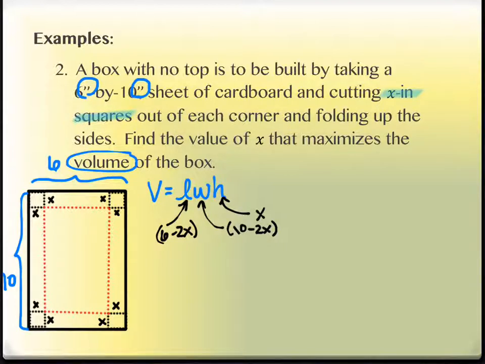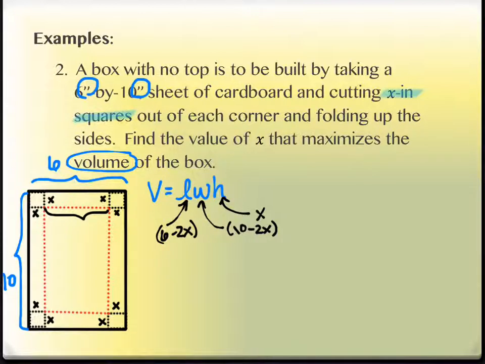6 by 10. Okay, it was a 6. So let's talk with me about the 6 one, Alexa. The top is 6, right? So where does the 6 minus 2x come from? Because you cut 2 x's out. Right, so it's actually the length of this piece, right? Yeah. Right, so it's like we're looking at just the bottom rectangle of the box itself. And it was 6 inches along what I've got listed, so my drawing along the top and along the bottom of my picture on the screen.